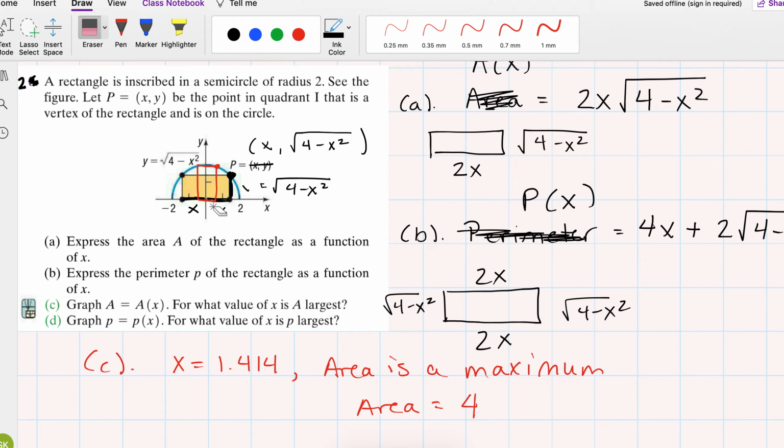And if I moved it instead to this point here, and then I'd move this one here, I'd have a rectangle like this. What I'm saying is the area here is going to be smaller than the area when x is at 1.414. So right between 1 and 2. And that kind of makes sense. Like this rectangle you see here, you would think the area is bigger than what you see here.